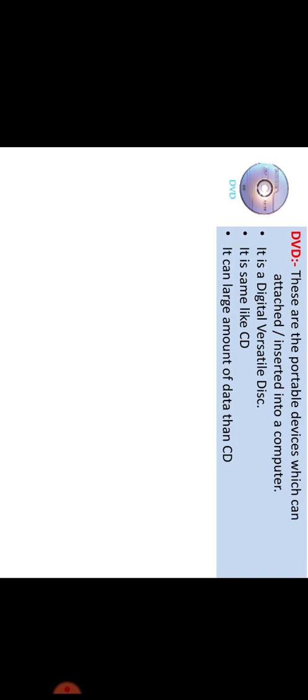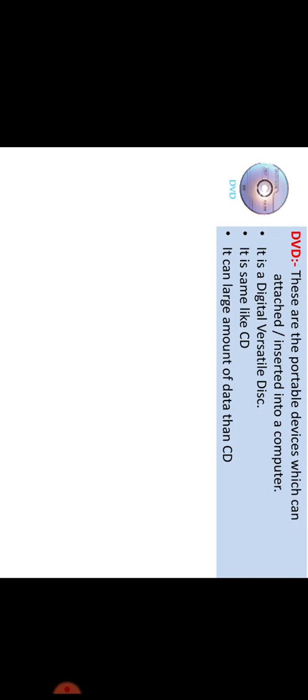Portable means what? We can carry the DVD from one place to another place. That is called portable.